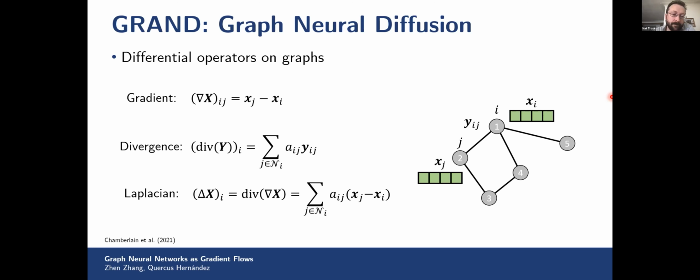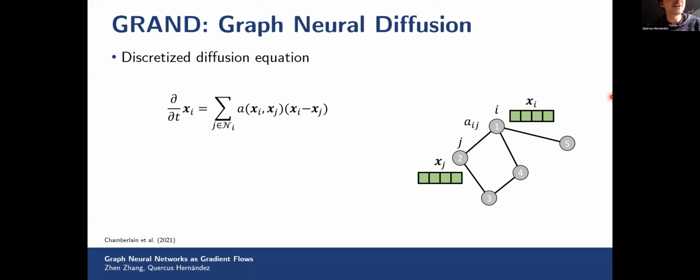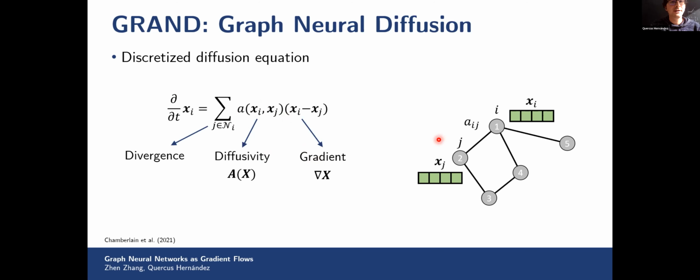That's why I said that there's a slight inconsistency between the GRAND paper and the GRAFF paper, but it's just details. Okay, so let's have the discretized diffusion equation. We have the time derivative equals the diffusivity, this matrix, the gradient, and the sum is for the divergence. If you recall the previous slides, it's an attentional flavor, so this is kind of an attentional neural network.